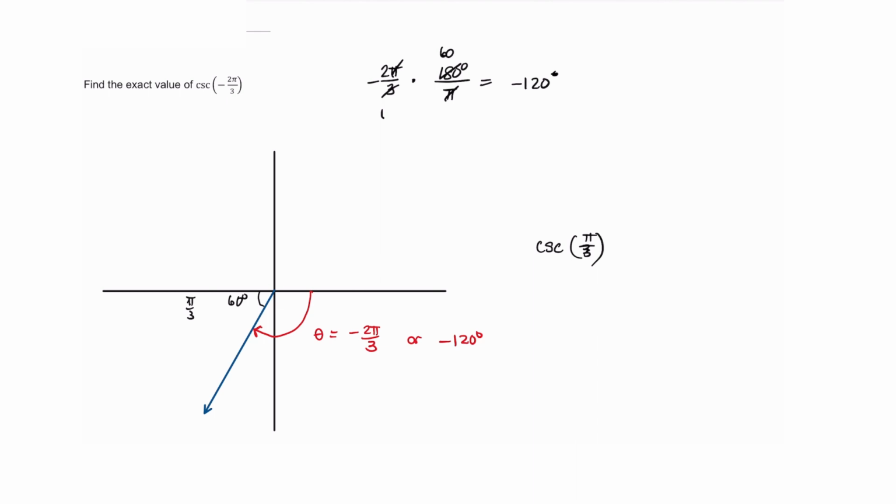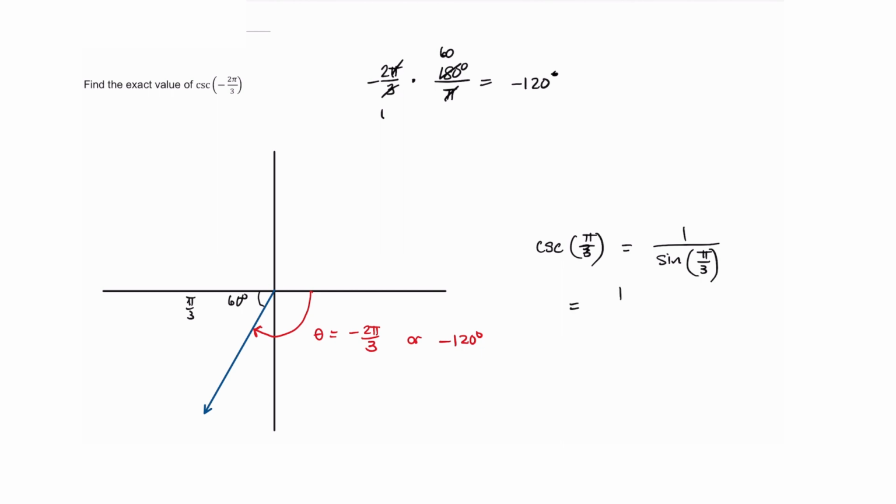Okay, so cosecant of pi over 3, now remember, pi over 3 is really 60 degrees. We know that cosecant is the reciprocal of sine, so this is 1 over the sine of pi over 3. And remember that the sine of pi over 3 is root 3 over 2.